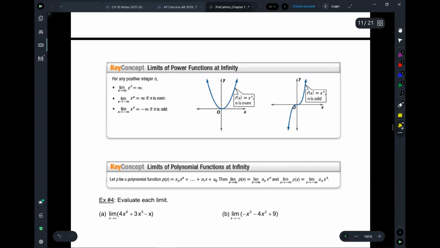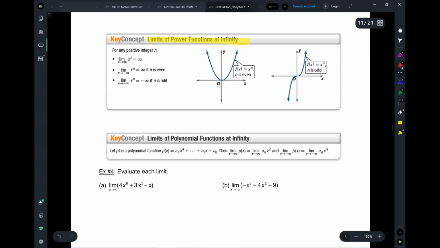What if you have to find power functions at infinity? Look at how this looks. It's the limit as x approaches infinity of x to the n. Now, that will be infinity. But as x approaches negative infinity, now we have a different situation.